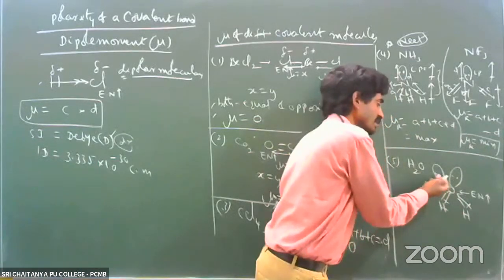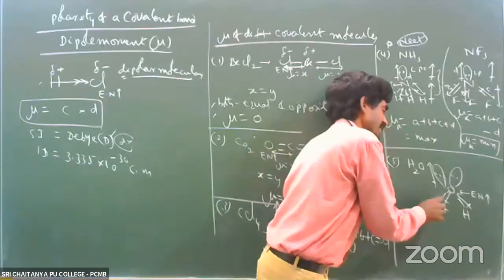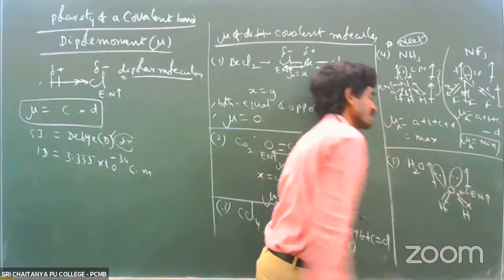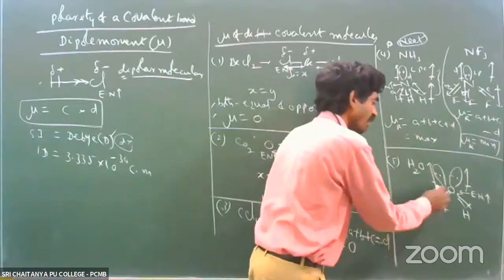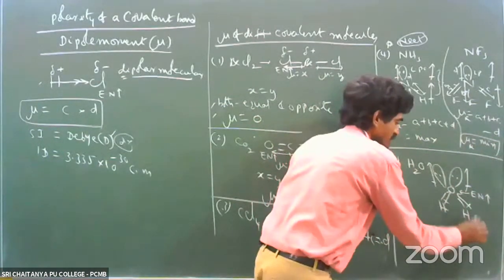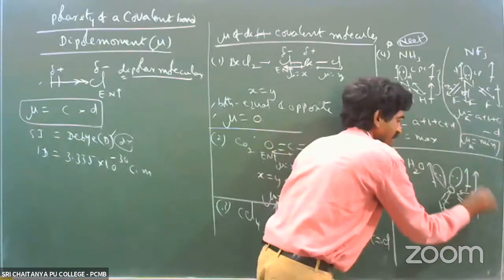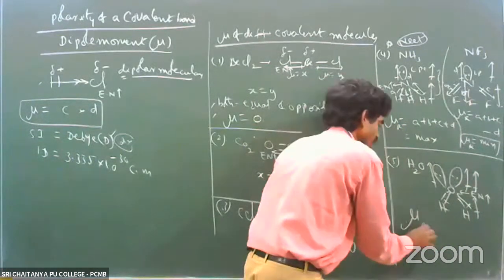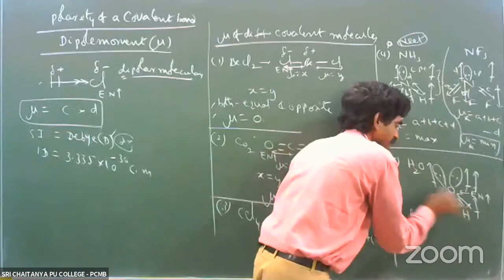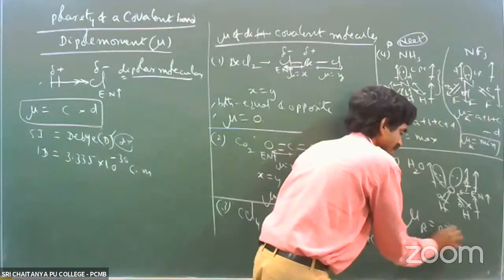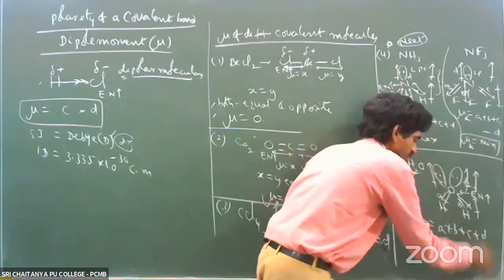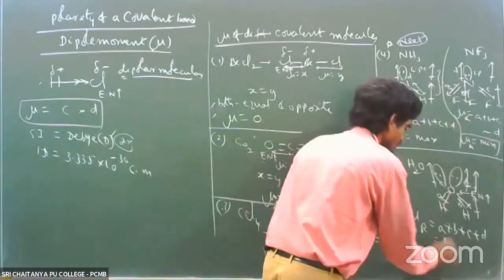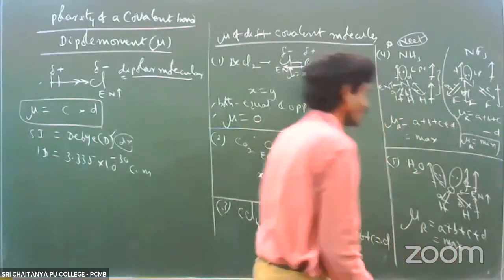Then the dipole moment due to lone pairs of electrons is also in the same direction, right? This is also towards oxygen. So the resultant dipole moment is A plus B plus C plus D. Then you get the maximum dipole moment for water, right?